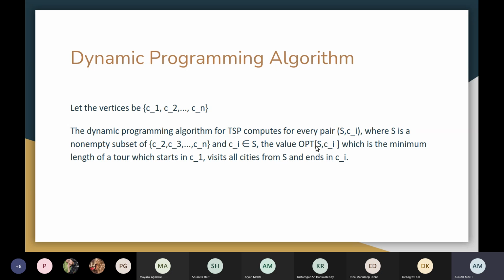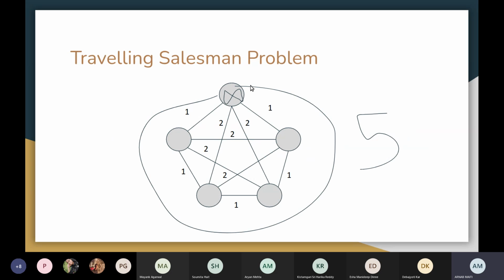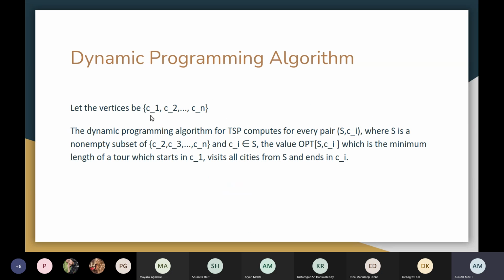Let me tell what S and Ci stand for. Without loss of generality, let's assume the starting vertex is C1. S is a non-empty subset of the remaining set of elements, and Ci is some element in S. So that's what S and Ci mean.